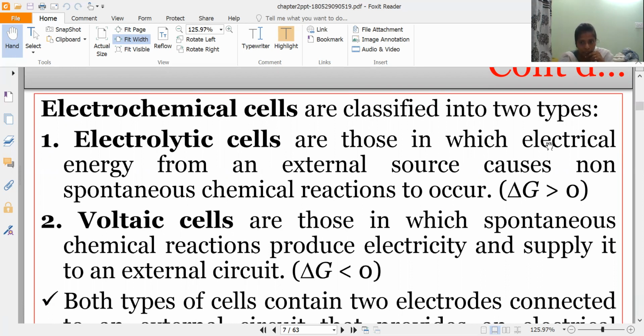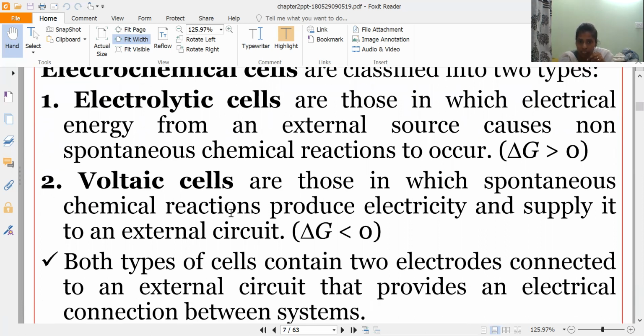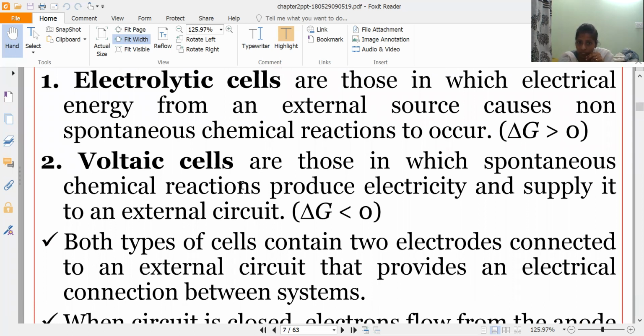That means here by passing electricity, chemical reactions are taking place in the electrolytic cell. Whereas voltaic cells are those in which spontaneous chemical reactions produce electricity. That means chemical energy converts to electrical energy.